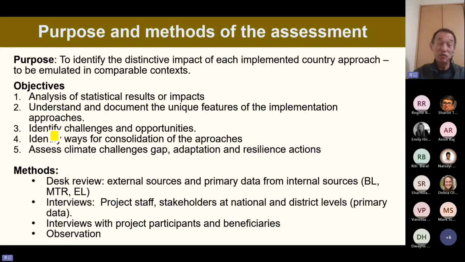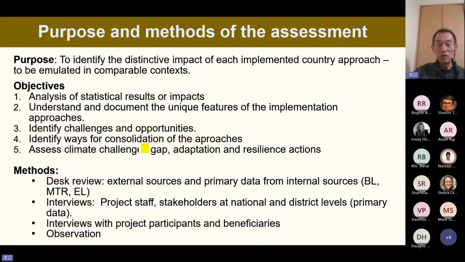I started in June or May, starting from desk review, reviewing all the baseline survey and end-line survey reports, project annual reports, proposals, other technical documents, and secondary data. I did interviews with the Laos country director and Mr. Pom and other people in Vientiane, and I also visited Xiangguan province to meet with project staff and the stakeholders.